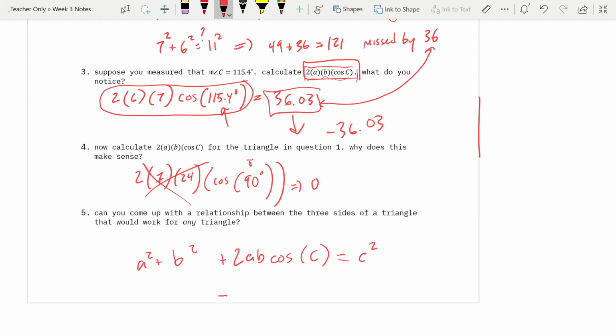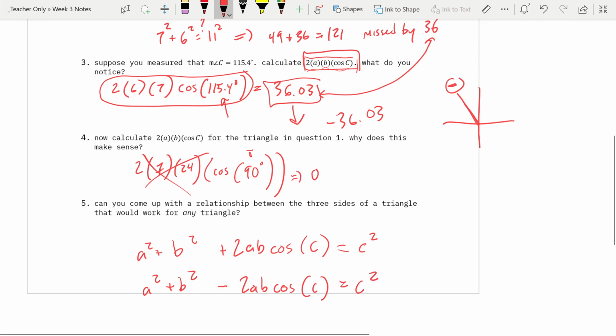If you remember, your unit circle is going to be over here somewhere, so our result will be negative. So we need to subtract it because the result will be adding it. Subtracting a negative is the same as adding. But what we're really looking for here is this: a squared plus b squared minus 2AB cosine of C equals c squared.